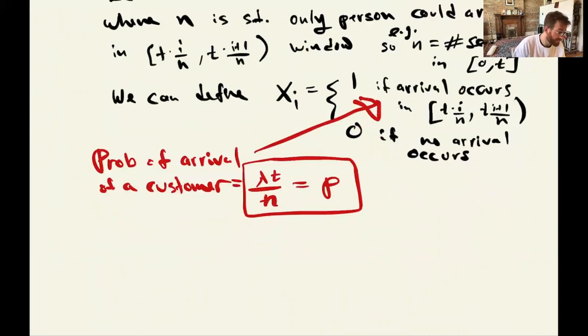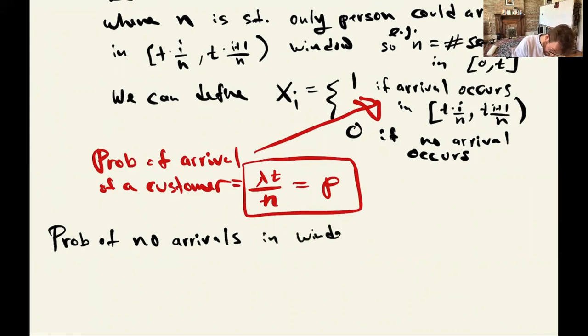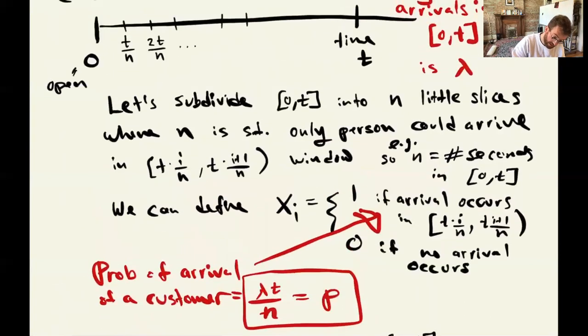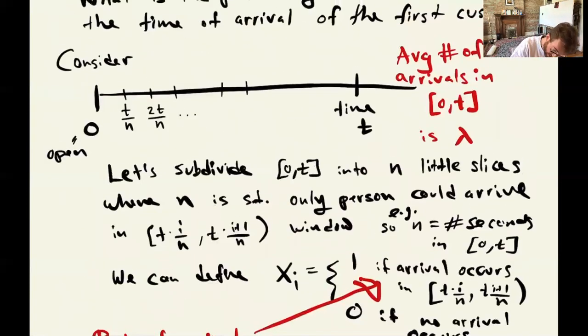Okay, so what's the probability of no arrivals? I think in unit time, I need to actually make this lambda t.